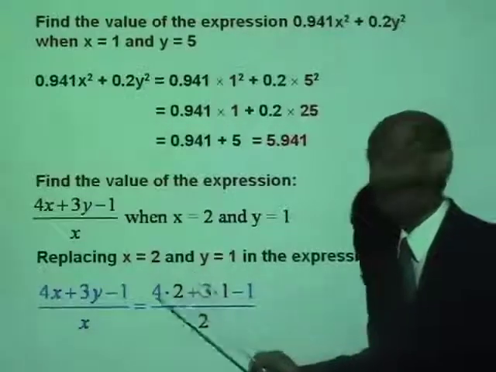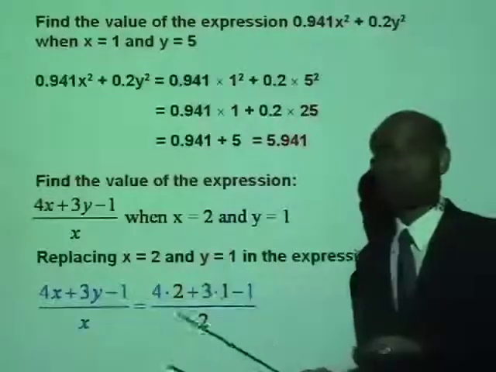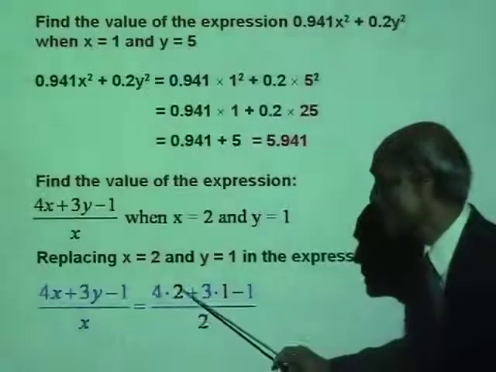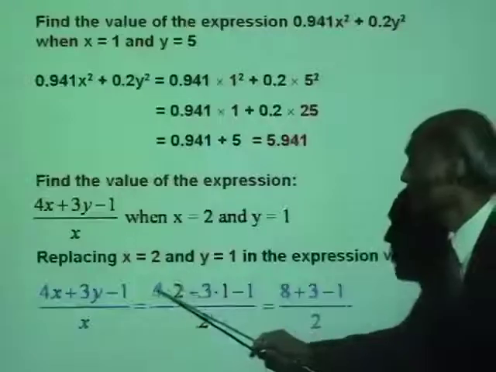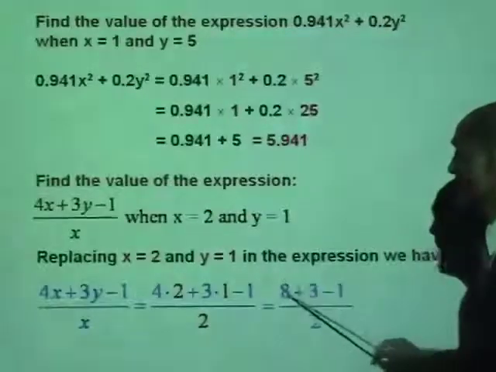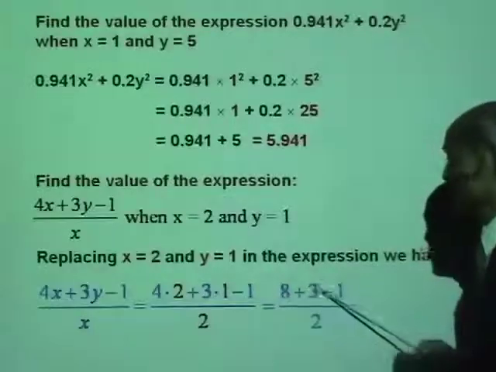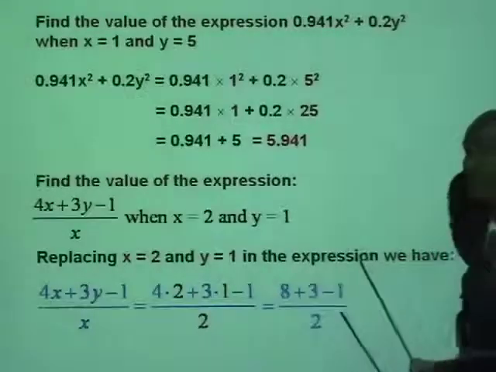What is the denominator? x is replaced by 2. Now simplify the numerator by doing the multiplications first. That will be 4 times 2 is 8, plus 3 times 1 is 3, minus 1, divided by 2.